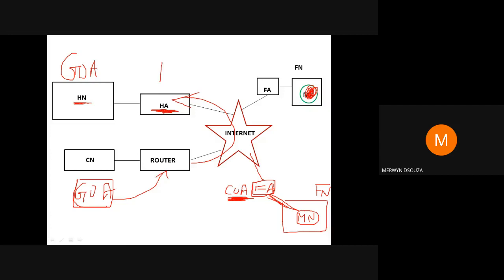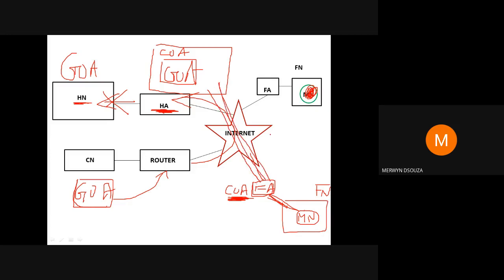Now the home agent checks that the mobile node is not present here, because the mobile node has registered the new address with it. So it encapsulates this packet with the new location of the mobile node, and tunnels this encapsulated packet to the foreign agent.